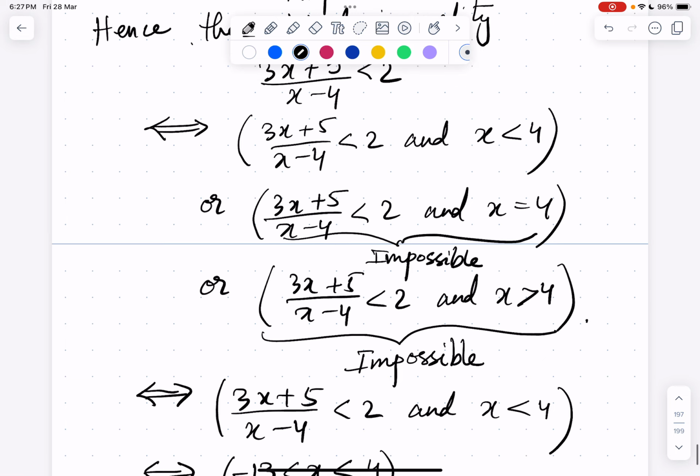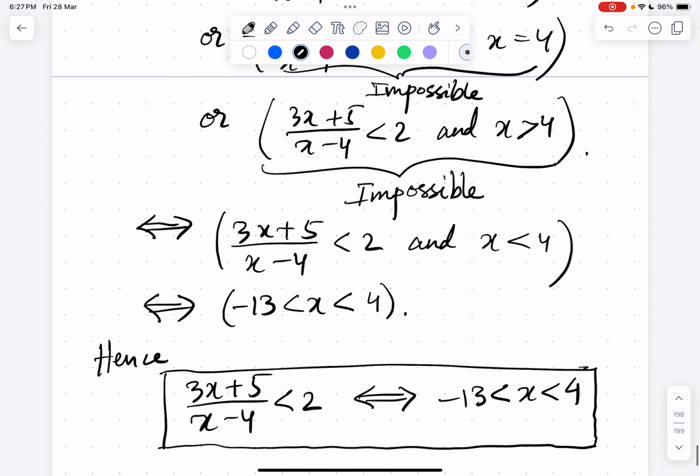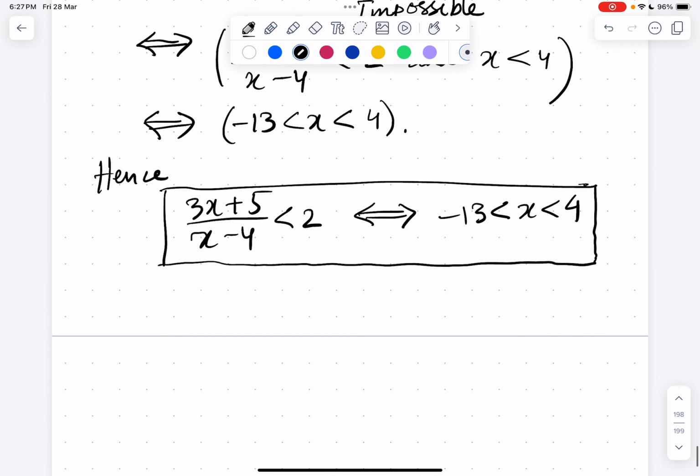We found that the other two cases are impossible, hence we got this simple expression. A simple rewriting of the statement (3x plus 5) by (x minus 4) is less than 2: the constraint can simply be rewritten as minus 13 less than x less than 4.